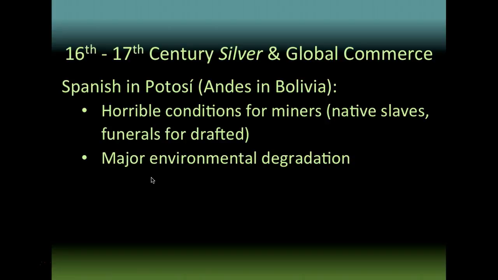In Potosi, which is in the Andes region in modern-day Bolivia, south of Peru, between Peru and Brazil, the Spanish come in and force the locals, the indigenous population, to mine for them.